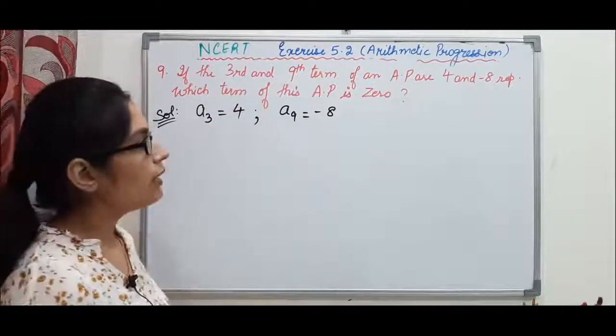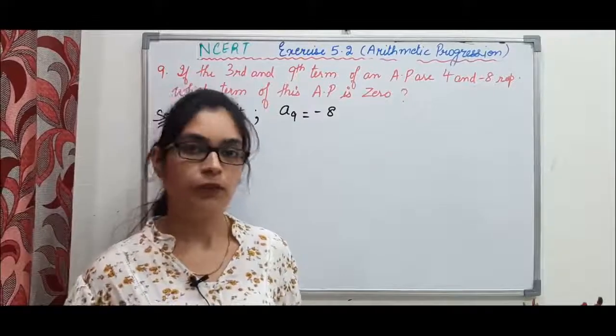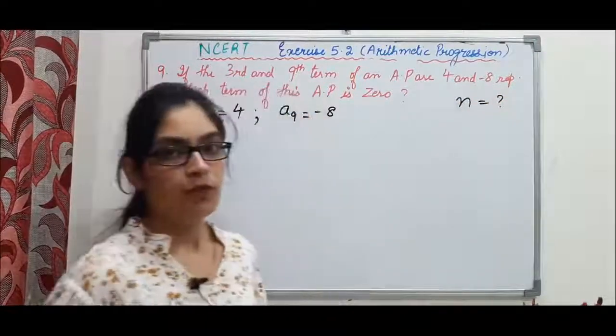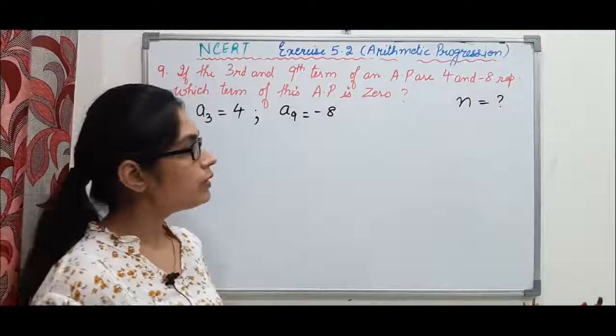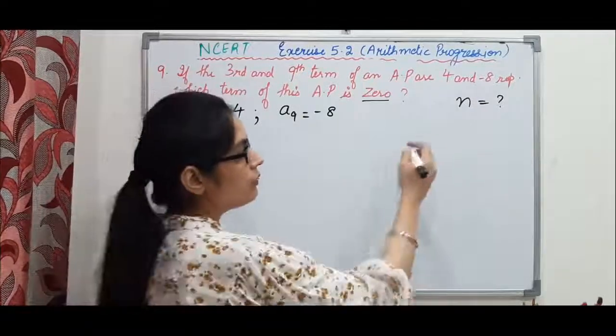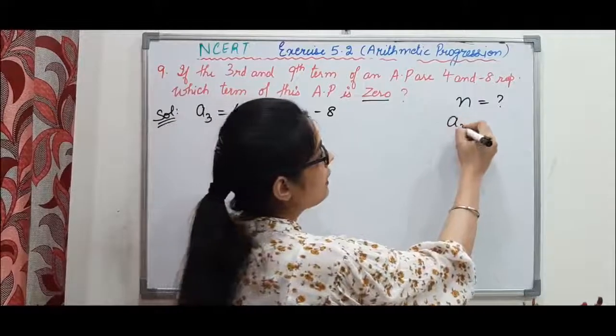So in this order you have to take, and which term of this sequence. So we have to find which term. Which term I have already told you in the previous questions also. So which term means we have to find the value of N. Which term is 0 means this one term 0 is given to us. So if any term they give us, that means we have to assume that term as An.